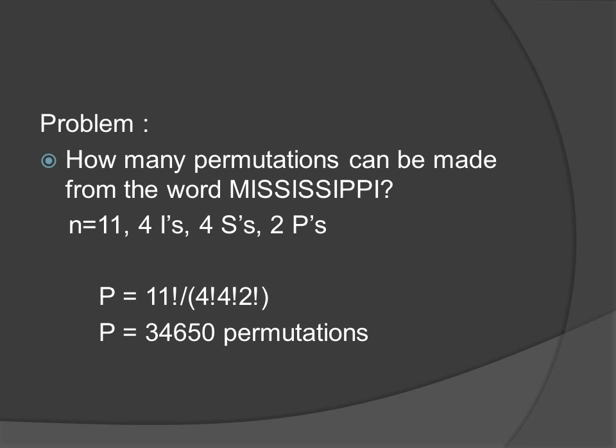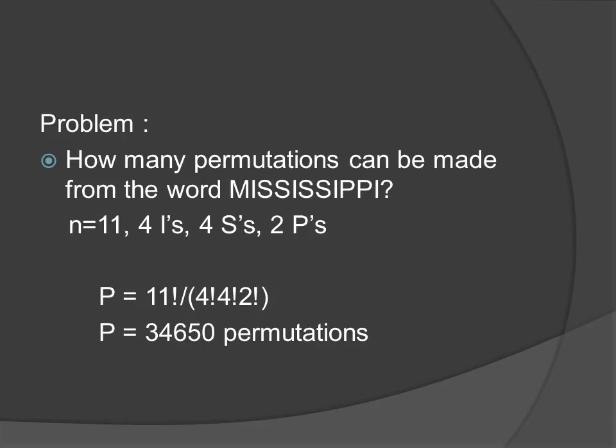Here are some examples of permutations. First, how many permutations can be made from the word Mississippi? Let n be the number of letters, which is 11, with 4 I's, 4 S's, and 2 P's.